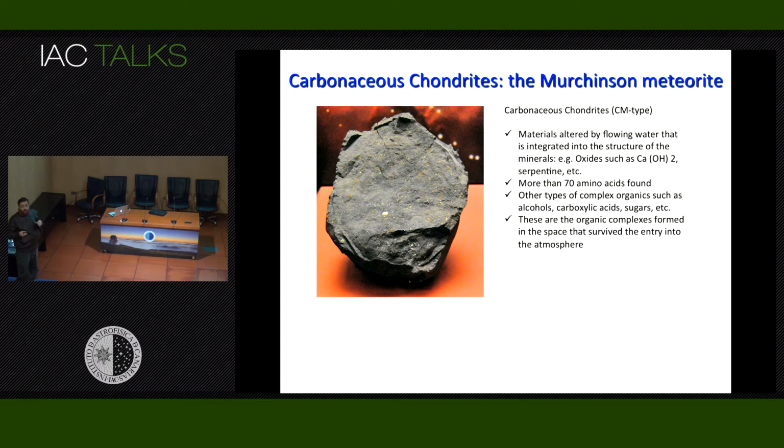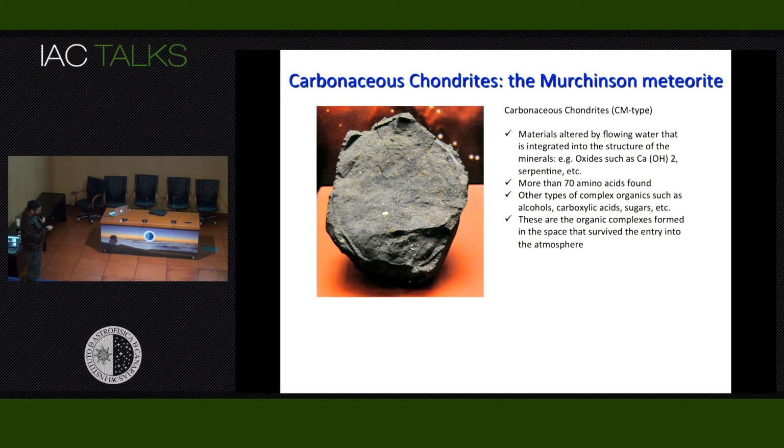This kind of meteorite has lost most of the material during the entry into the atmosphere. It's not like metal meteorites that preserve a large fraction of the original body of the meteoroid that entered the atmosphere. Carbonaceous chondrites lost more than 90% of the material during the entry, the interaction with the atmosphere.